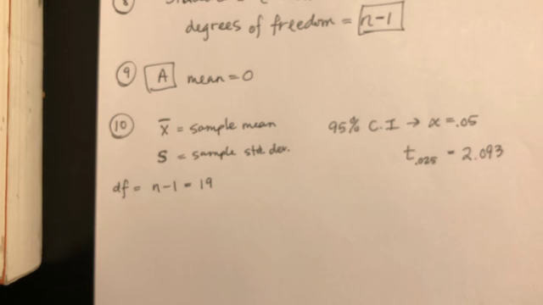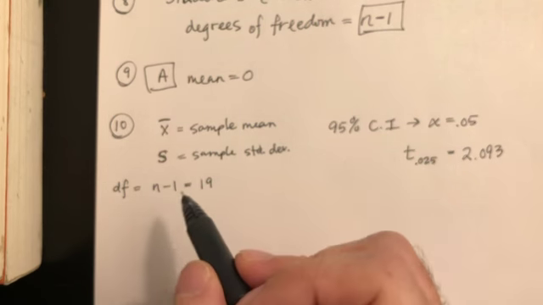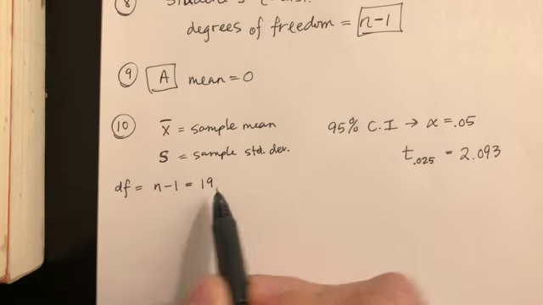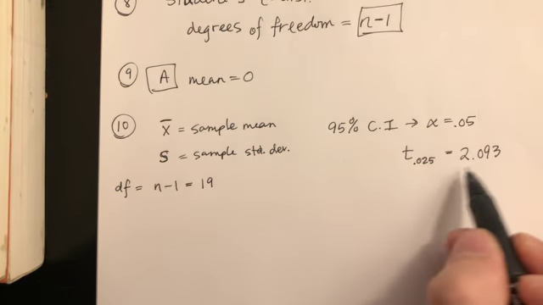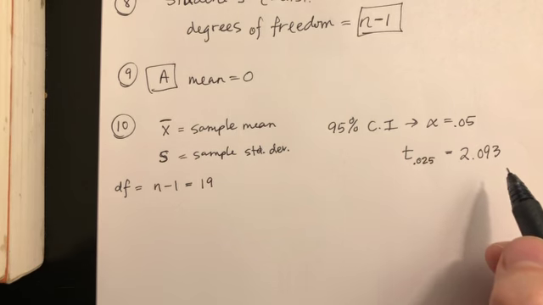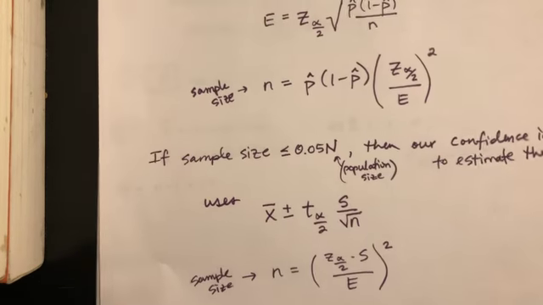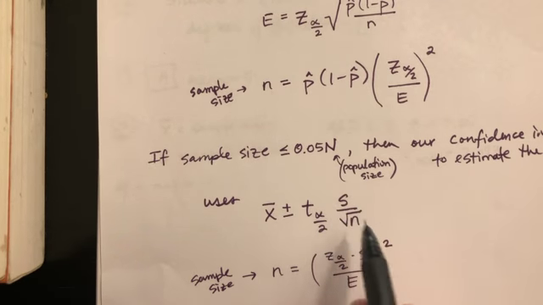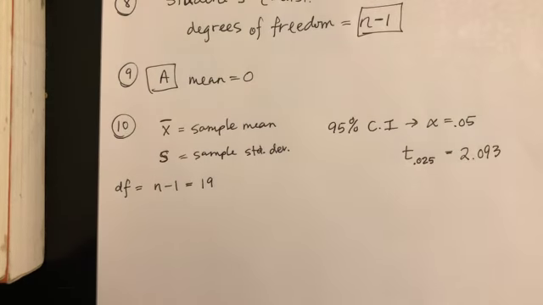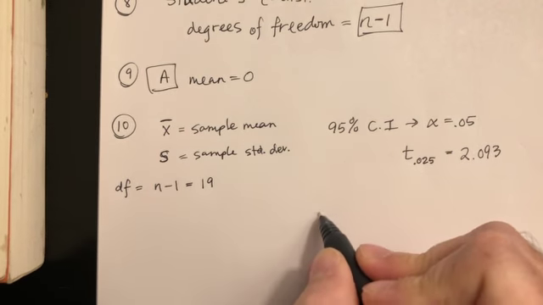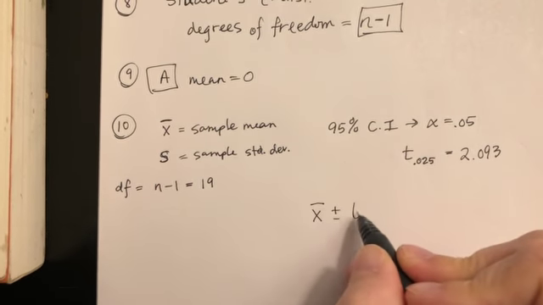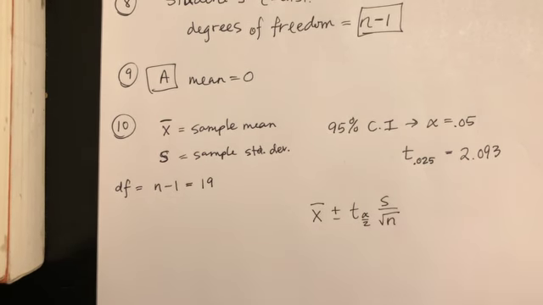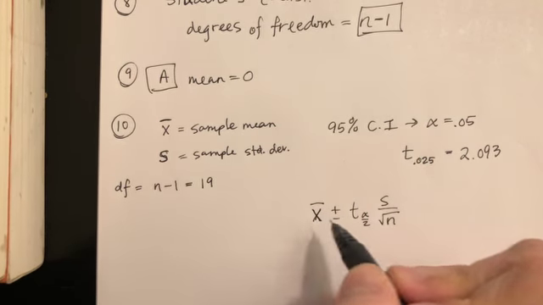They want you to construct a confidence interval around the mean. Several things I know: the degrees of freedom is 19, and the 95% confidence interval gives me this t-score. The formula I'm going to use is x bar plus or minus t alpha over 2 times s over the square root of n. So what do they give me?